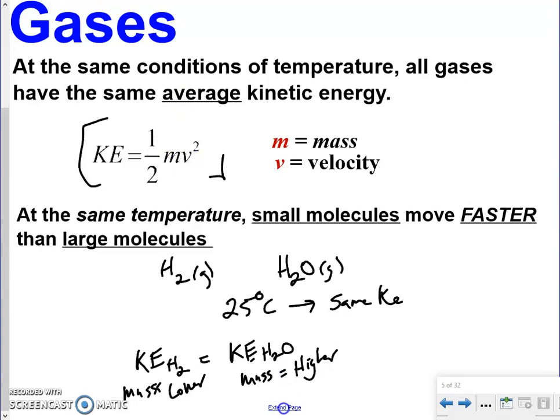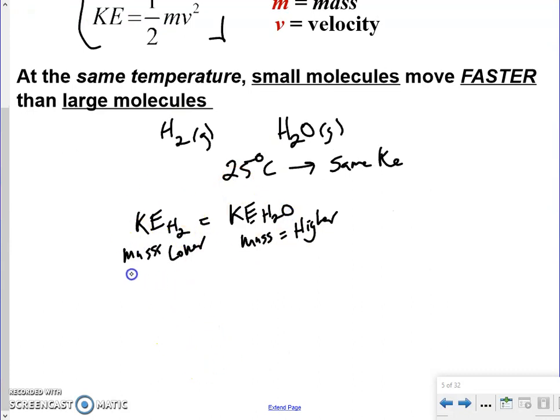So what does that actually mean in terms of these two gases? It means hydrogen will be moving much faster, whereas water would be moving much slower in comparison. And that's again because if they're at the same temperature, they have the same kinetic energy. So think about it this way.